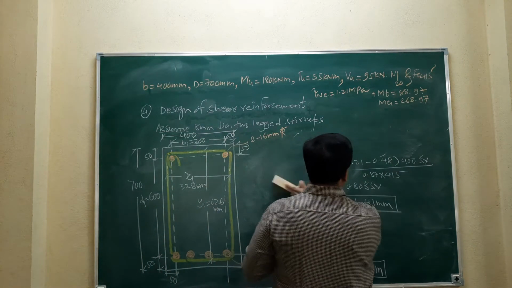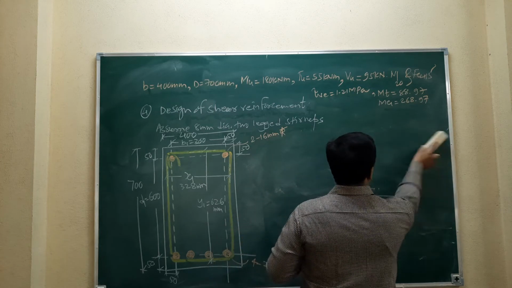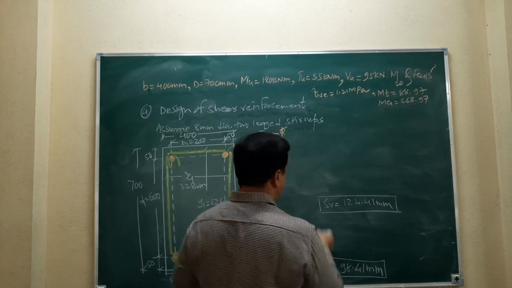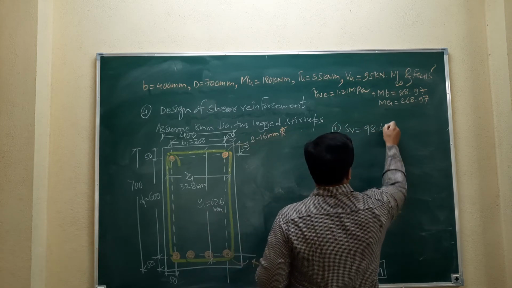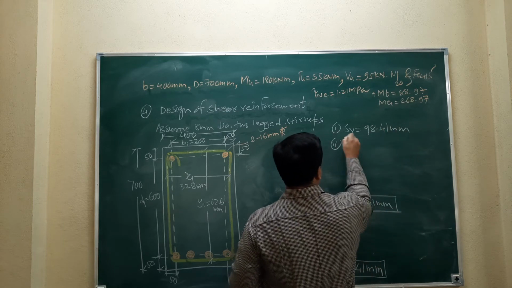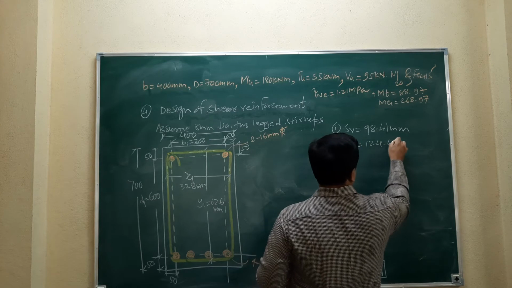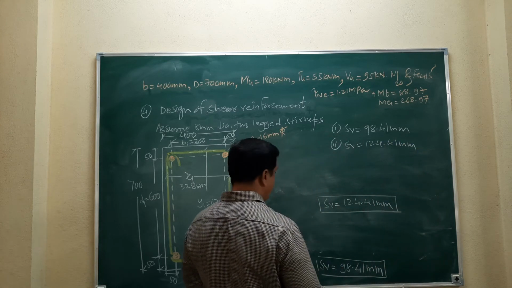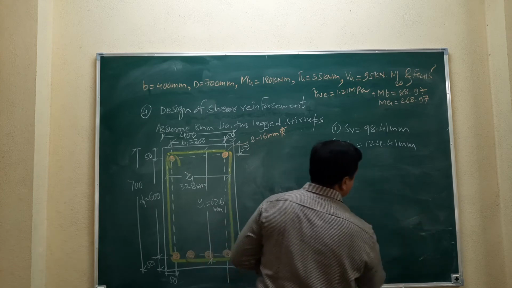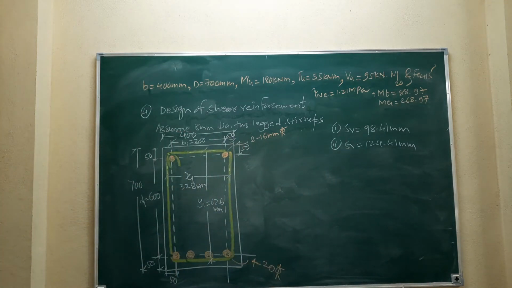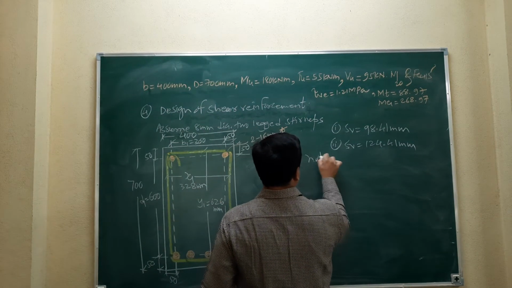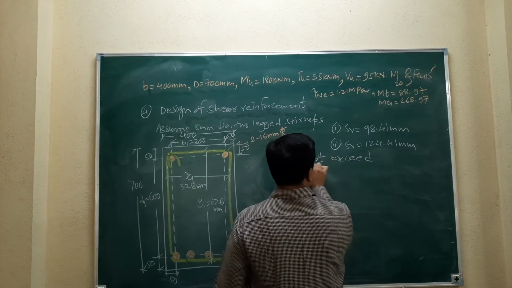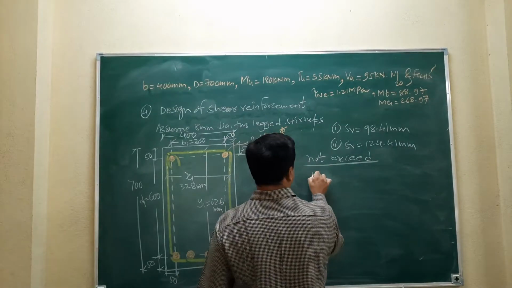But these two values should not exceed. Okay, the first value is 98.41 mm. Second value is 124.41 mm. These values should not exceed as per IS 456 2001 page number 48.